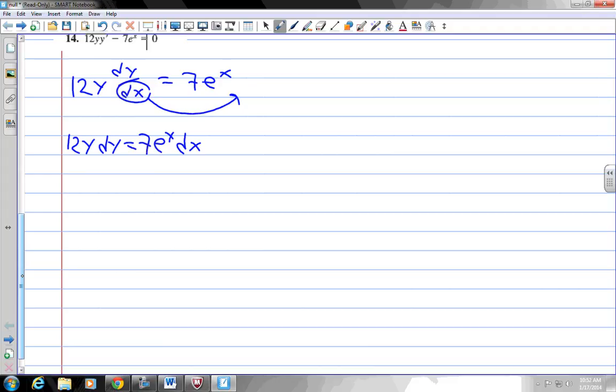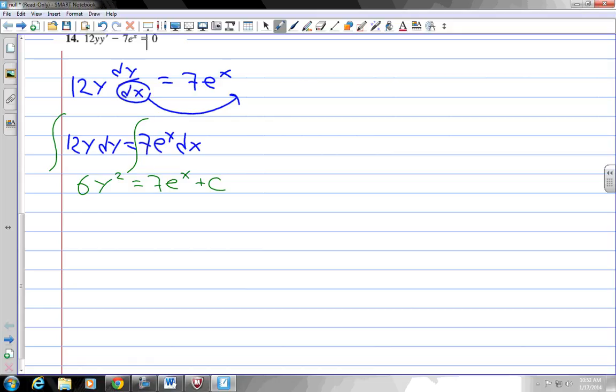So at this point, we can go ahead and integrate, right? So if we integrate both sides, what do we get on the left? 6y squared. What do we get on the right? 7 e to the x plus a constant, right? So technically, that's your answer.